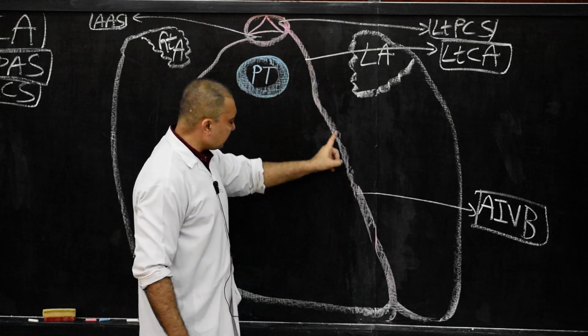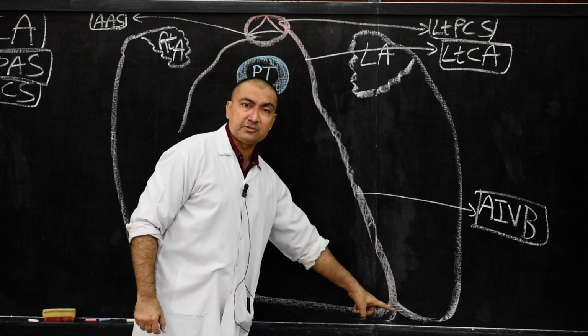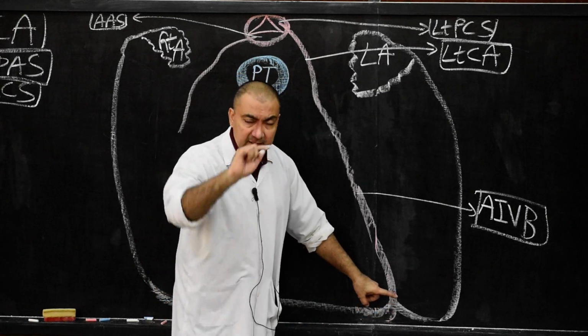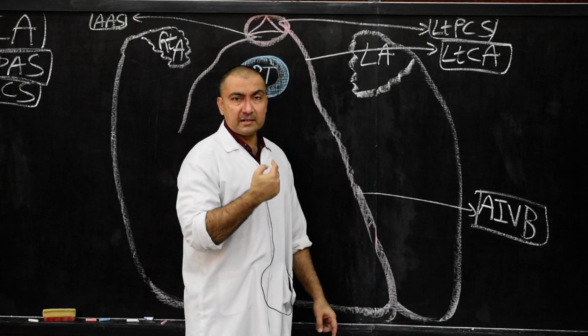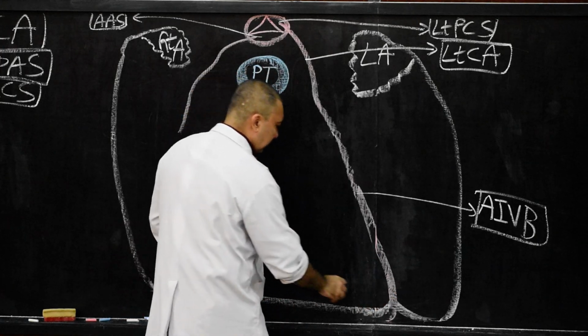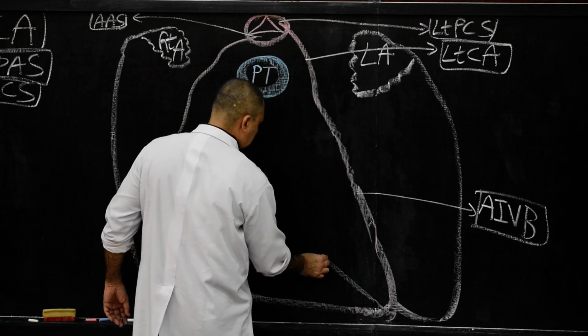It will travel in the anterior interventricular groove till the incisura apicis cordis. Please note down this, incisura apicis cordis. There it will turn, it will wind around the inferior border of the heart, and then after winding around, it will pass posteriorly.